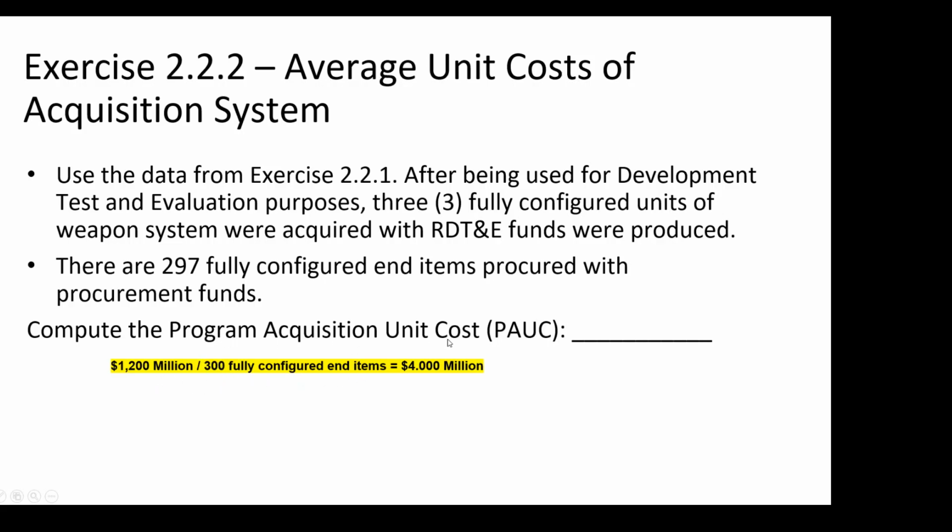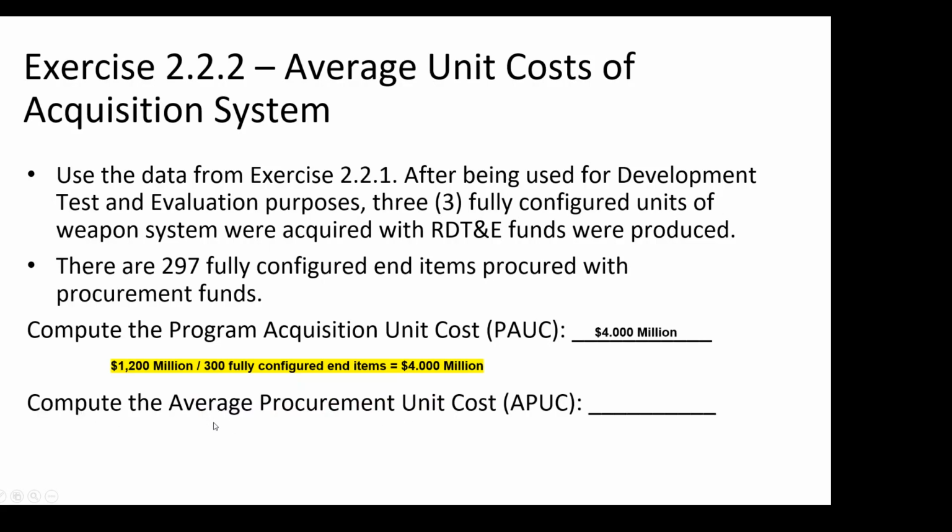Because program acquisition cost includes RDT&E, procurement, and MilCon. We don't have any MilCon fully configured items. So I took the 297, 298, 299, 300, adding these 3 to get 300 fully configured end items. So 1,200 divided by 300 fully configured items gives me 4 million. That's your PAUC.